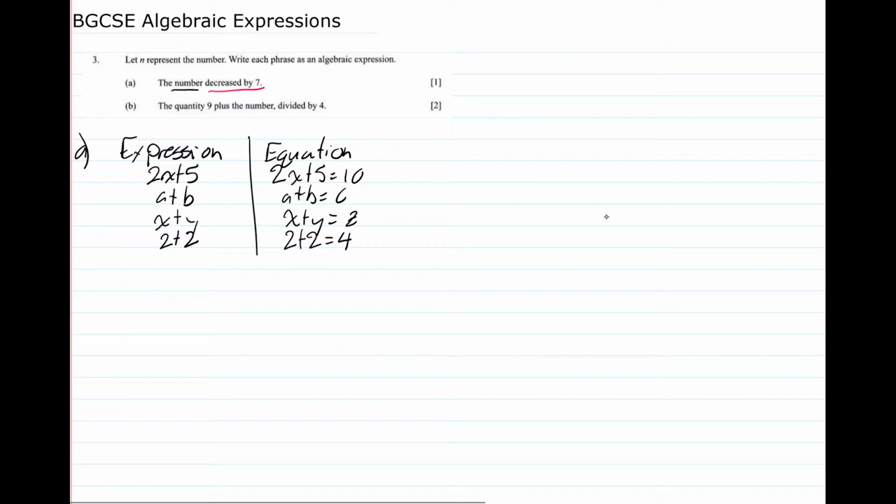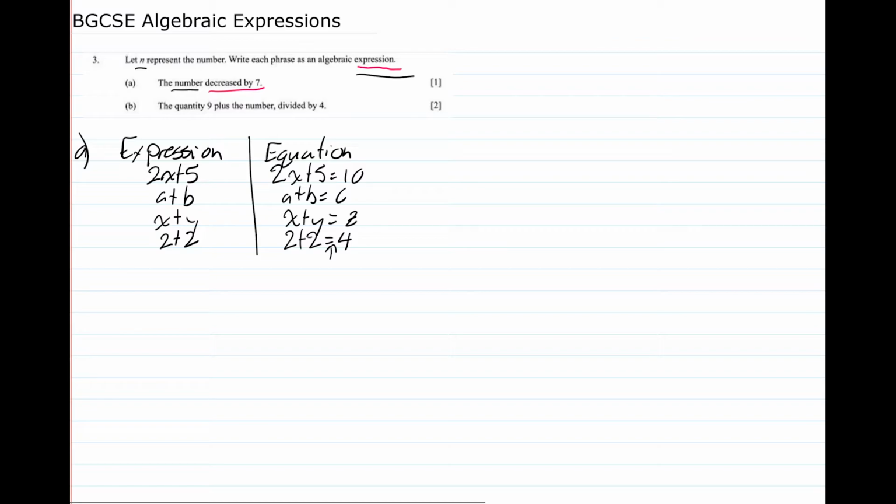So in this question, they're asking us to write algebraic expressions, not equations, but expressions. I underline that twice. So we shouldn't have any equal signs in our final answer. So let's look at part A. It says the number, and we know that the number is represented by n. So the number n decreased by 7.